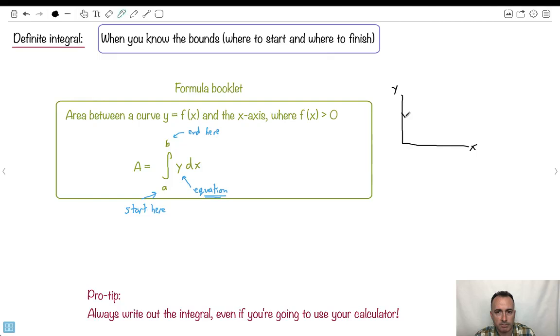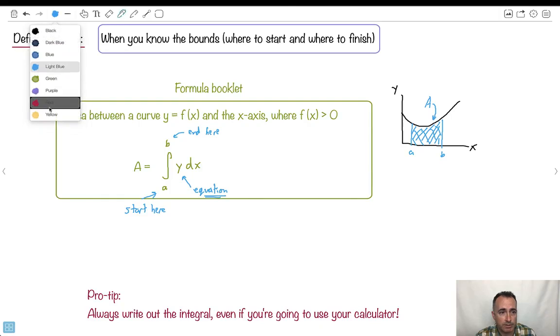Maybe it does, I don't know, maybe something like this. Let's just pretend. And we're going from A to B. So whatever A is, maybe A is here. Maybe B is here. We're finding this area right here. That's what we're finding. So we're going to find that area.